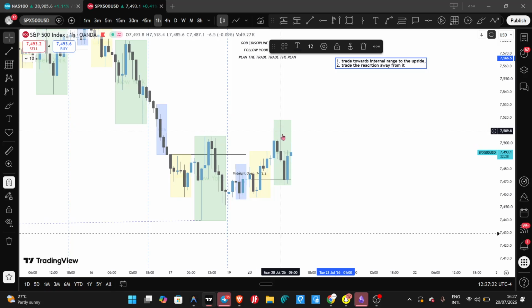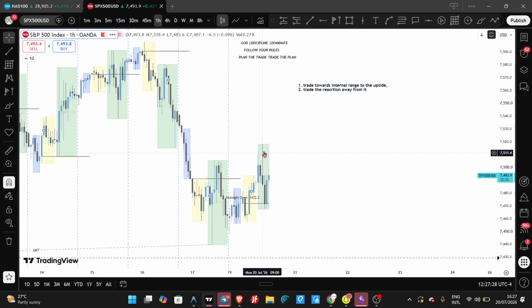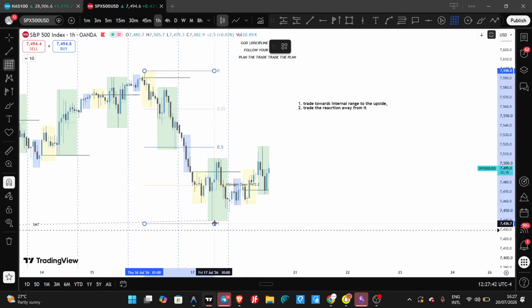You understand? So we have two theses, right? The market opens. So what happens? Boom, we push up, and then we ended up going straight into internal range. Internal range is basically liquidity that's resting in between highs and lows. And how do I know? Just take your down box or your Fibonacci and extend it from the most recent high to the most recent low on the chart.